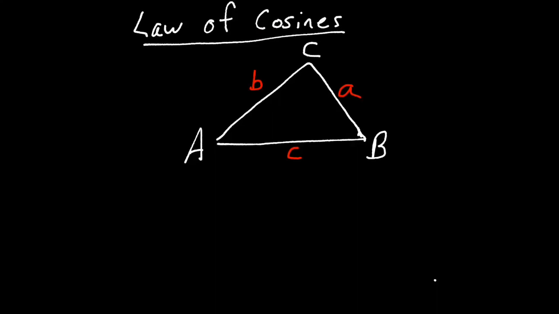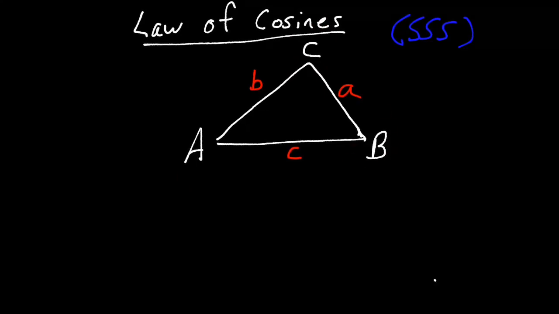The information we are given for the law of cosines is when we know all three sides, so side, side, side. If I know side a, side b, and side c, and I know none of the angles, I can use the law of cosines to figure out what my three angles are.